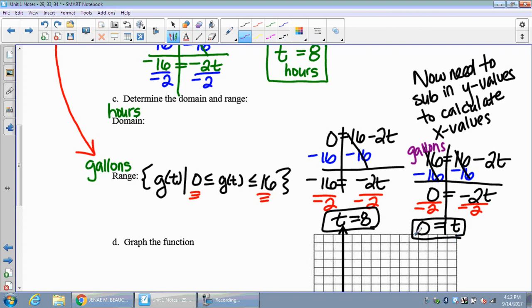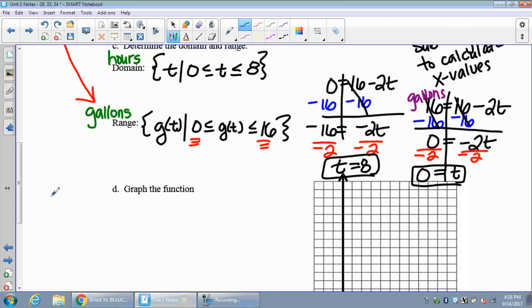No, you haven't even started your trip. You've been driving for literally 0 hours. You're still parked at the gas station. So to build our domain, that's going to be between 0 and 8 hours.